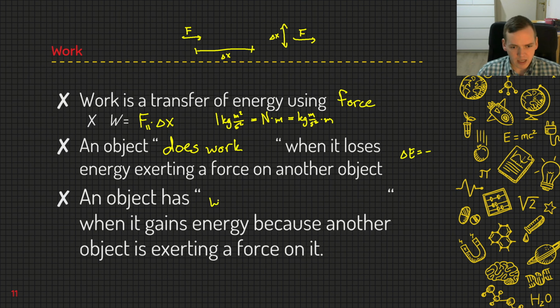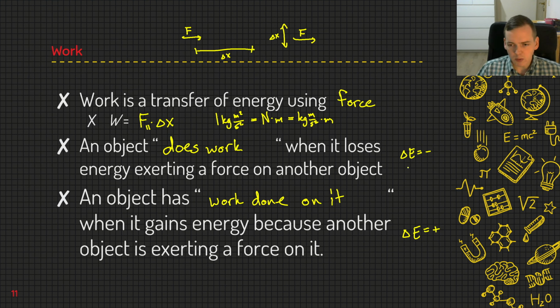An object has work done on it when it gains energy because another object is exerting a force on it. So if something does work on me, I'm gaining energy because a force is pushing me over a certain distance.